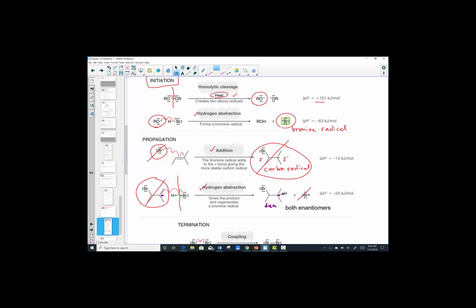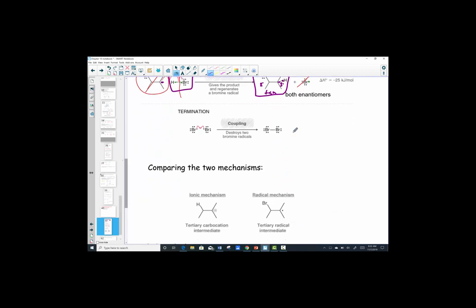And the overall equation is left as the alkene adding with HBr, forming the anti-Markovnikov addition product. So we've added the bromine across the bond, but it ended up in the least substituted position instead of the most substituted position. And of course, we would have to terminate to end the propagation steps.